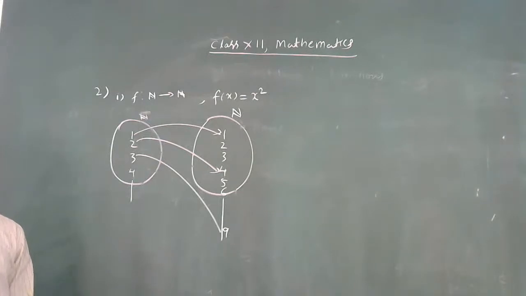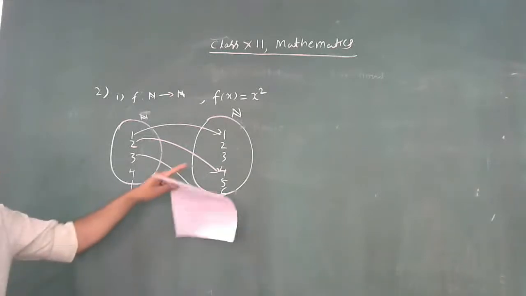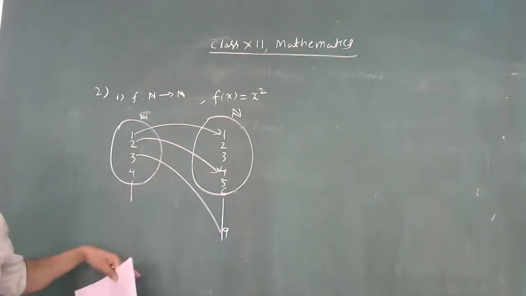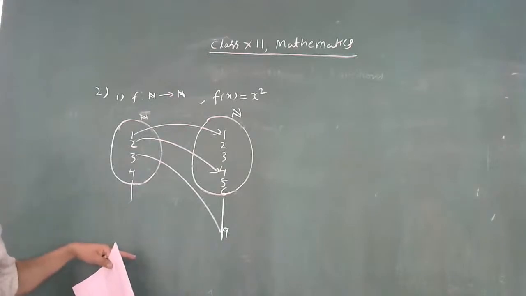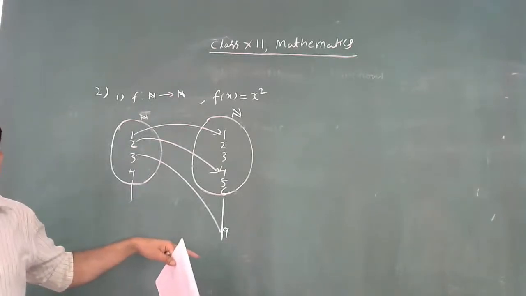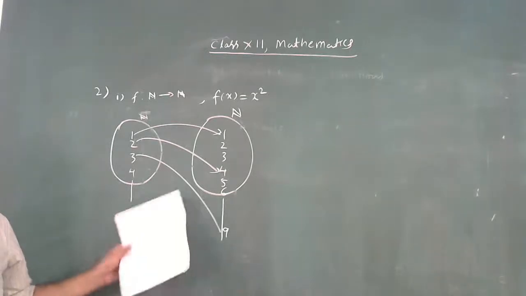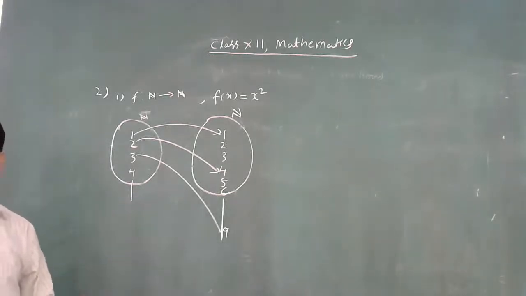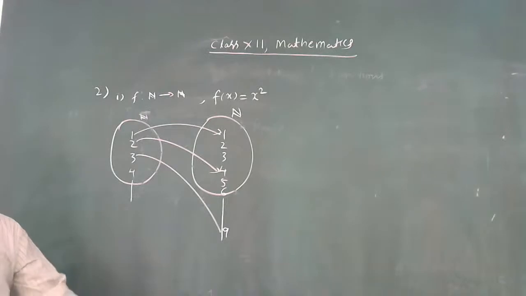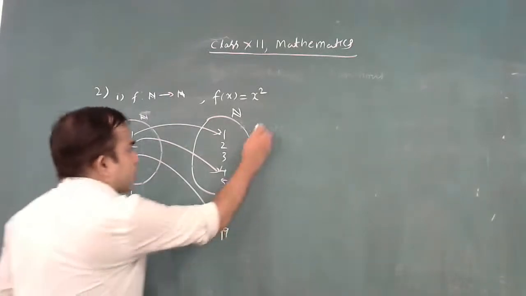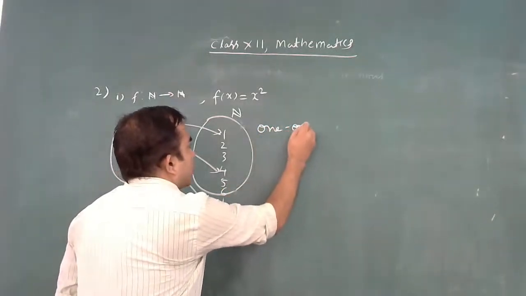Is it 1 1? क्या डोमेन पॉइंट्स अलग अलग इमेजेस ले रहे हैं? यहाँ तो ले रहे हैं अलग अलग. नेक्स्ट आने वाले एलिमेंट्स क्या कोई चांस बनता है कि सेम मिले? 1 1. यस 1 1, क्योंकि अलग अलग ही जाएंगे. 4 जाएगा 16 पे और 5 जाएगा 25 पे और 10 जाएगा 100 पे, और कोई चांस नहीं कि सेम मिल रहे. ऑफ कोर्स इट इज 1 1. There is no doubt about it.